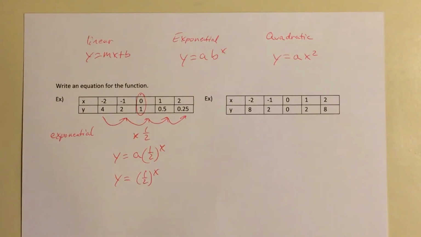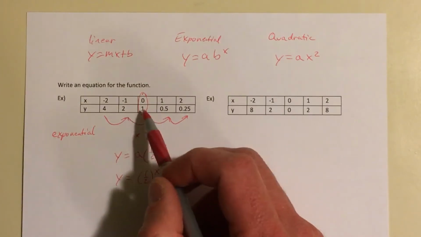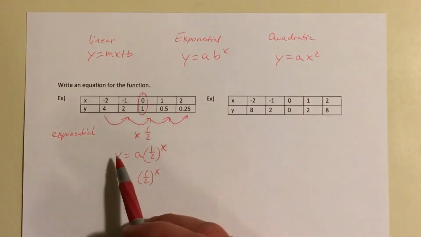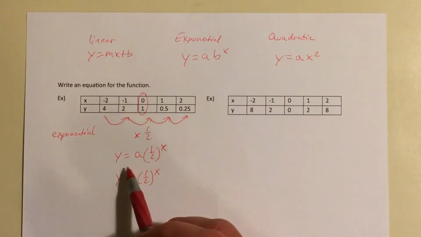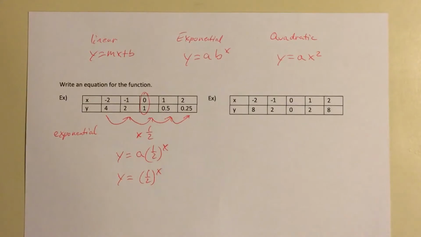Now another way you could do this is you could take one of the coordinates, doesn't matter which one, and you can plug in for x and y, and then you can solve for A, which is not a bad way of doing it.